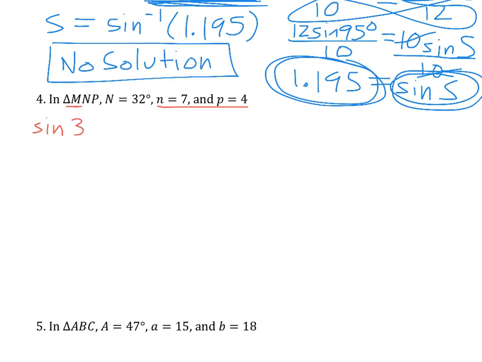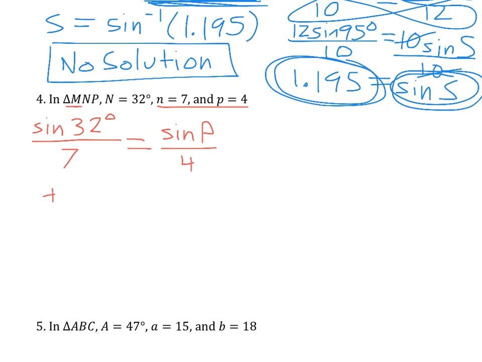We have both angle N and side N. Sine of N, capital N, is 32 degrees over, and then side N is 7. And now we have to use P because we don't know anything about either of the M's. So this is going to be sine of capital P, which is angle P, over the length of side P.